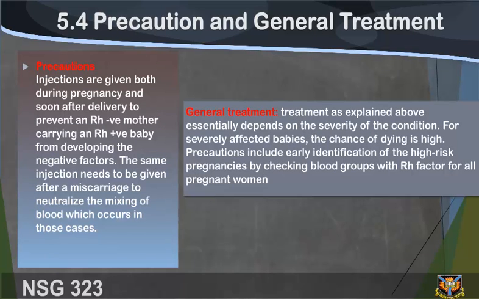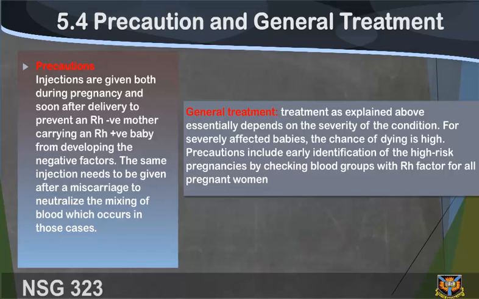5.4. Precaution and general treatment. Precautions: injections are given both during pregnancy and soon after delivery to prevent an Rh negative mother carrying an Rh positive baby from developing the negative factors. The same injection needs to be given after a miscarriage to neutralize the mixing of blood which occurs in those cases.